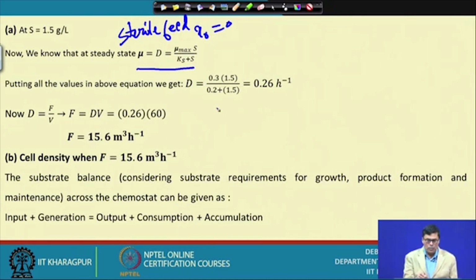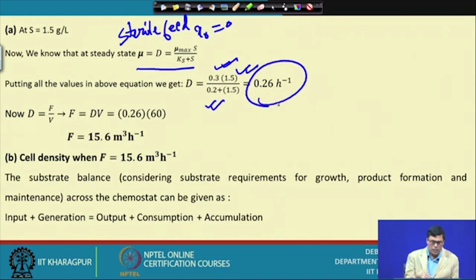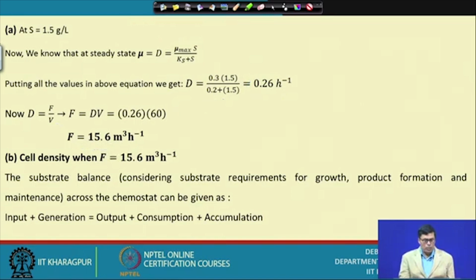Now, in this problem, the mu max value we know, the S value we know, the Ks value we know, so we can find out the dilution rate. Now, dilution rate equal to F by V, and so F equal to D into V. So, your flow rate will be 15.6 cubic meter per hour. So, it is very easy to solve.